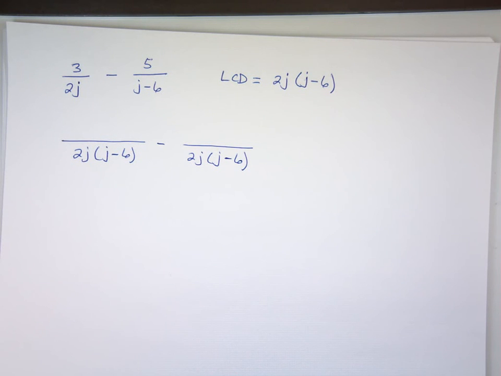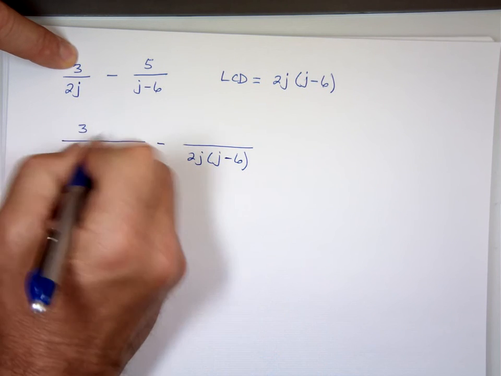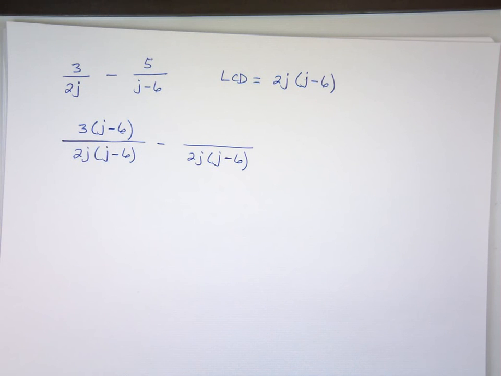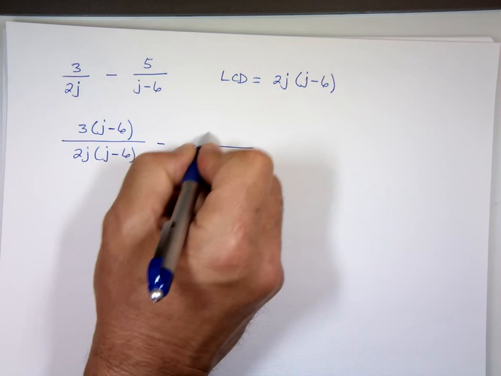That means I need to multiply the 3 by what? Is it j minus 6? And I need to multiply the 5 by what? 2j.